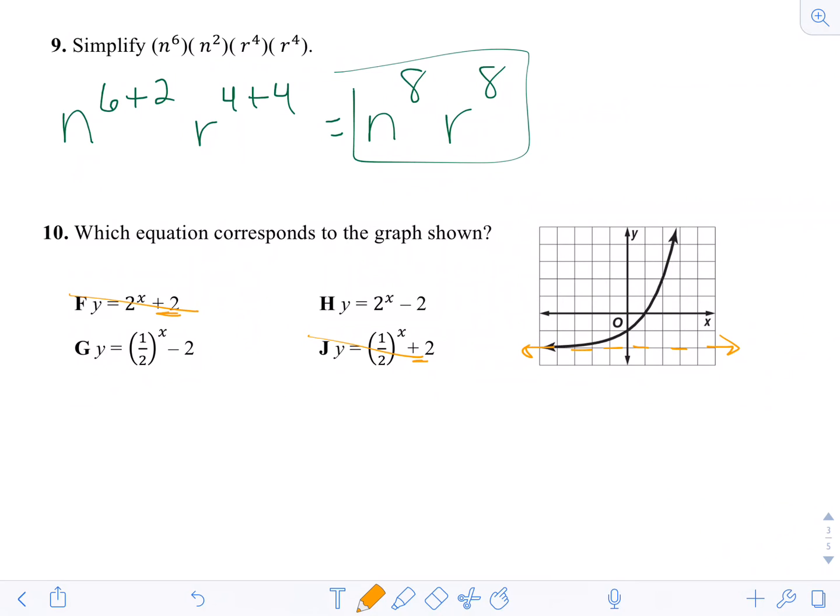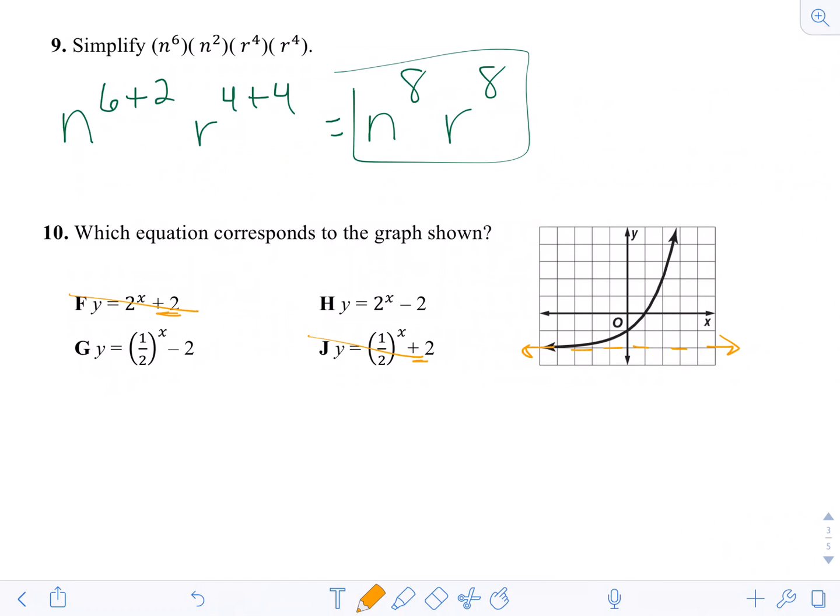So what you want to do is go to your y equals, and you can type in the equation. So you have 2 caret x minus 2. You can hit graph, and you will notice that it's growth.